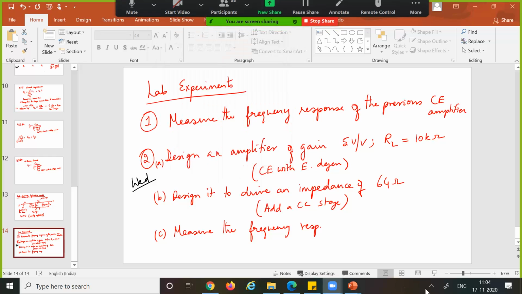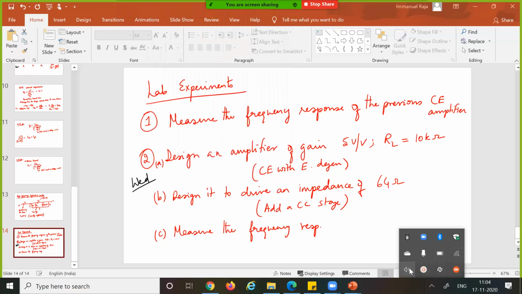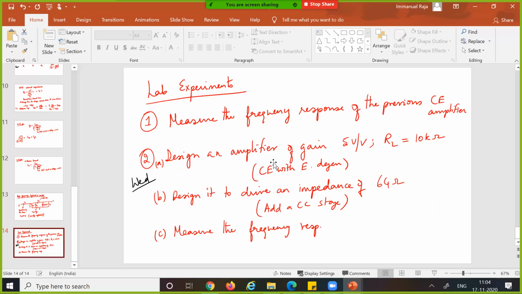Okay. Sir? Yes, sir. So were you able to plot the frequency response? Or you could not get it done yet? Or what did you observe? So we could not get proper results for CC stage. Frequency response we could measure.